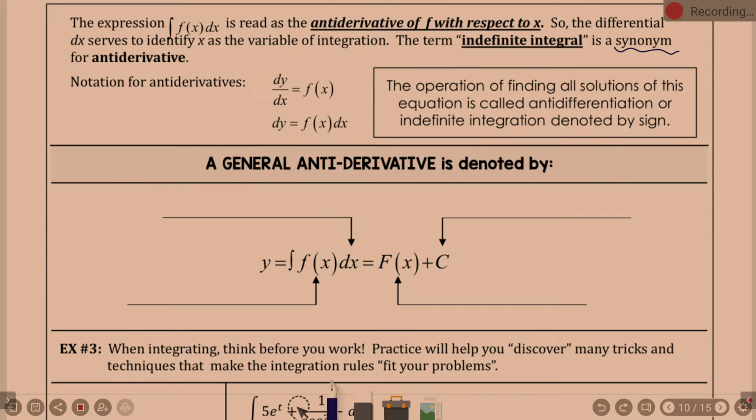Fill in a couple of vocabulary pieces here. We've already talked about some of these, but dx here represents your variable of integration. The plus c is your constant, or constant of integration.